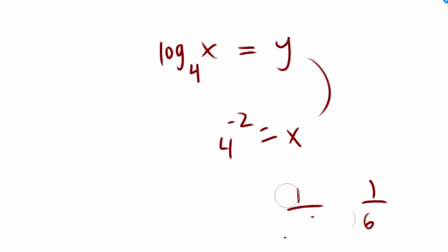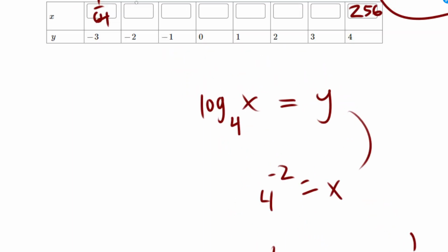I got confused there. 4 to the -2 would be 1 over 16. 4 to the -1, 1 over 4. Then 1, 4, 16, 64.